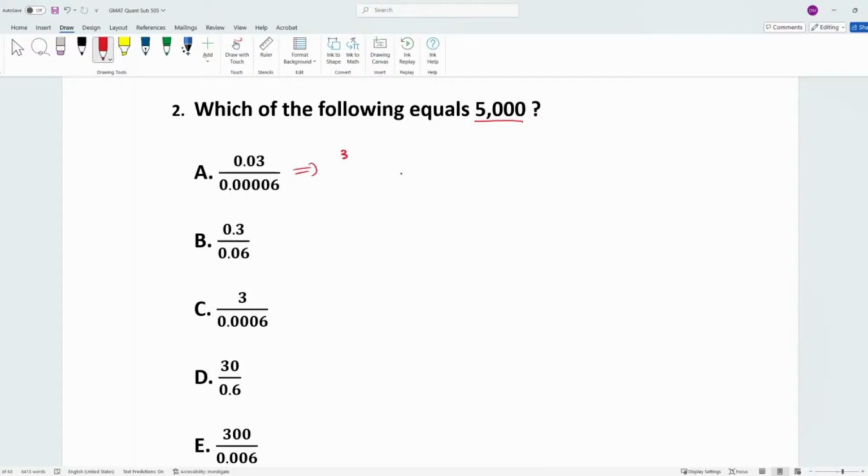So this one, we are going to write it to the powers of 10. So this can be equal to 3 times 10 to the power minus 2. This is equal to 6 times 10 to the power minus 5, like this.